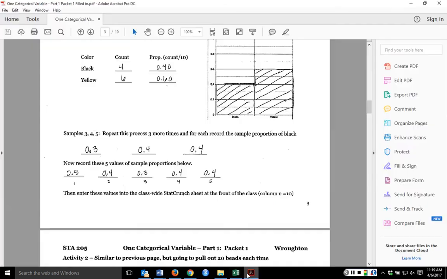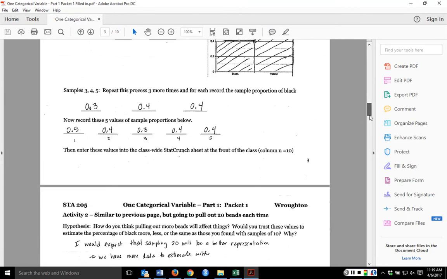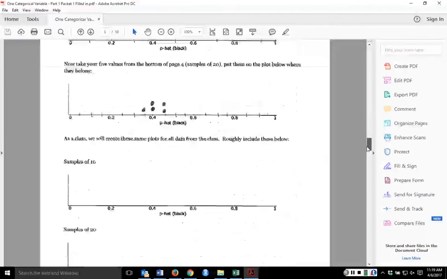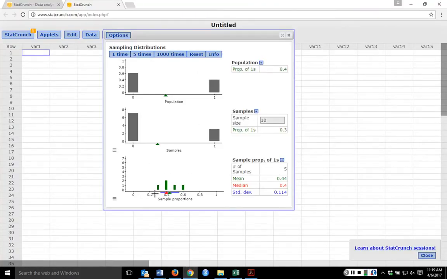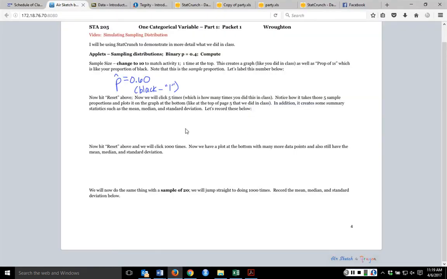What this would be similar to is the top of the following page here, where I created my little dot plot. That's very similar to what we have in this plot. It also records some extra information for us: it gives us the mean, the median, and the standard deviation. Right now I'm just going to label those numbers here in the notes like it tells me to.